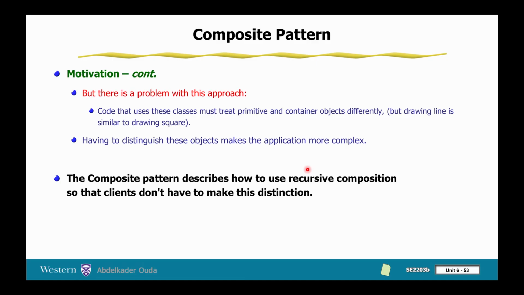Because again, the picture is no more than a rectangle, sets of lines that has other combinations of primary elements the application knows how to draw, if all of them share the same interface. The composite design pattern describes how to use recursive composition so that our application, we call it here our clients, don't have to make this distinction between composite elements or primary elements, or whether it is recursive or non-recursive.